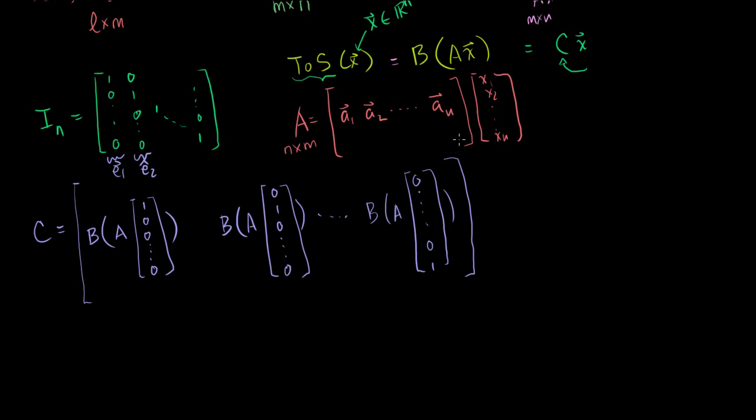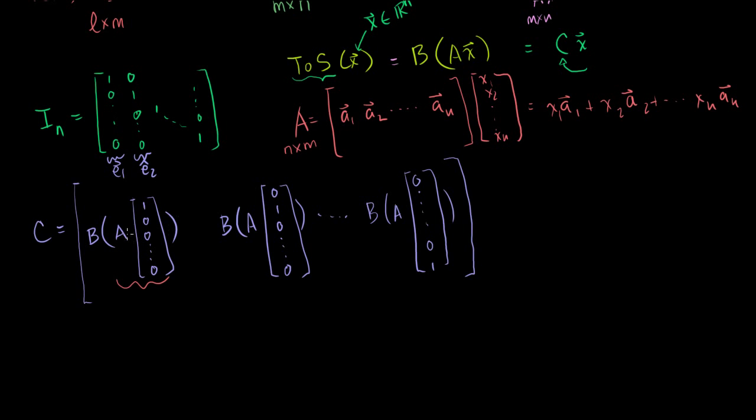This is equivalent to x1 times a1 plus x2 times a2, all the way to plus xn times an. It's a linear combination of these column vectors where the weighting factors are the terms in the vector that we're taking the product of.